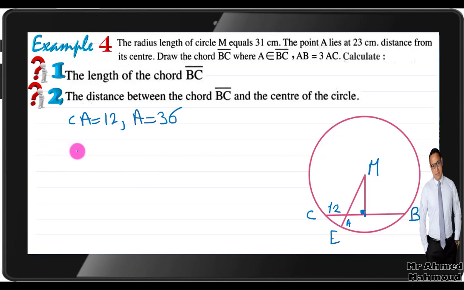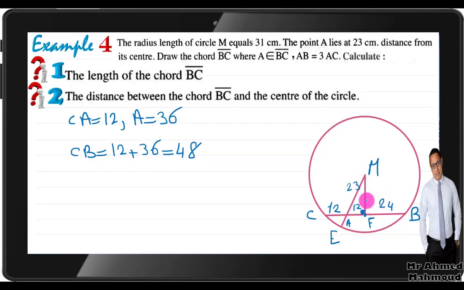Now CB equals 12 plus 36 equals 48. Now I'm going to divide 48 by 2, so this one equals 24 and this one also equals 24. So if this point is F, then AF equals 12. Okay, now AM equals 23.